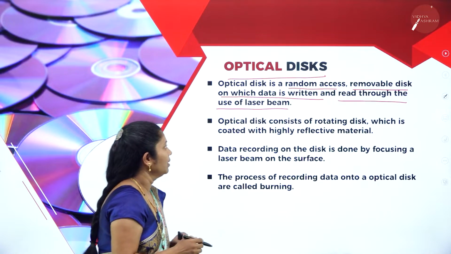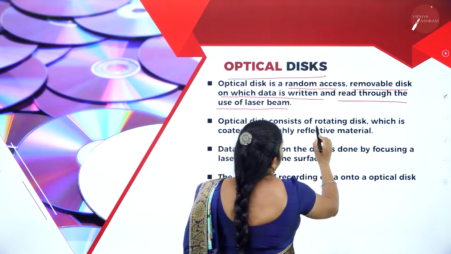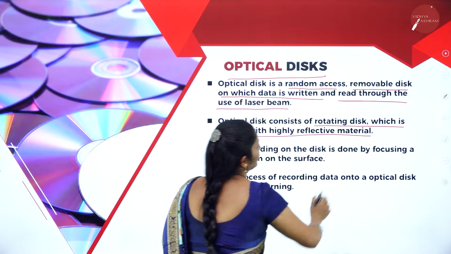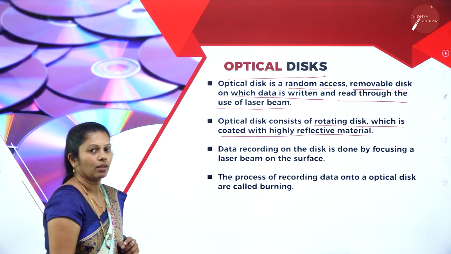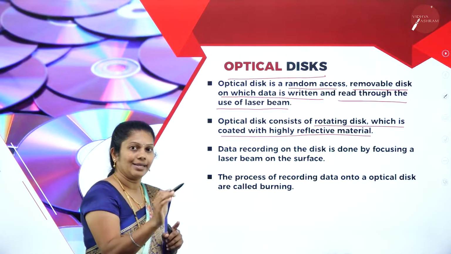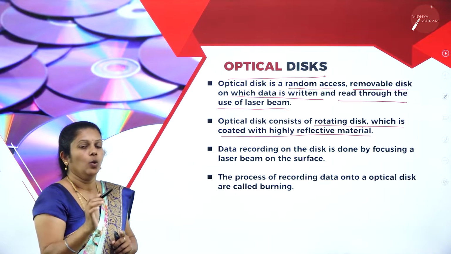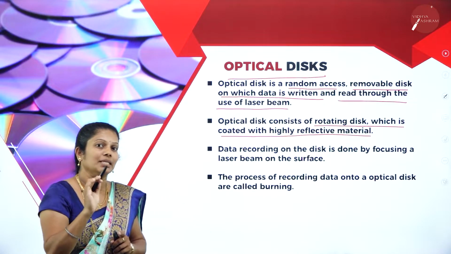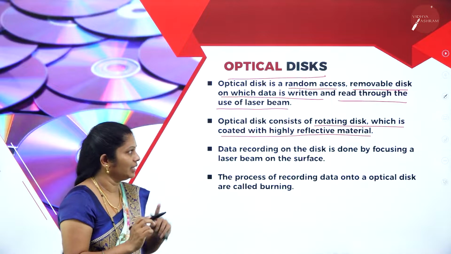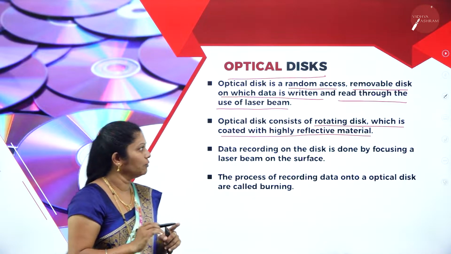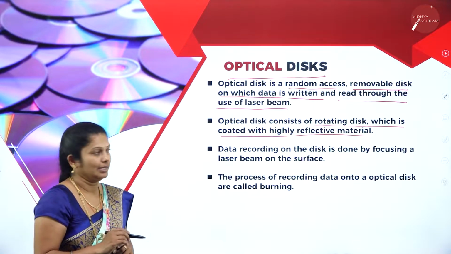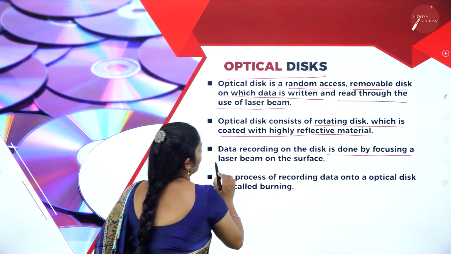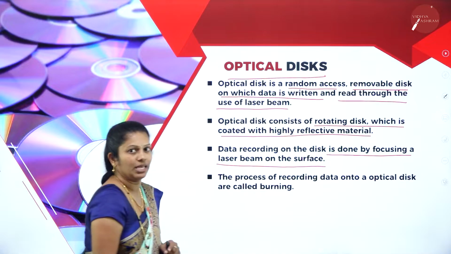The optical disk consists of a rotating disk which is coated with highly reflective material. Whereas in a hard disk as well as a floppy disk, it is coated with magnetic material, here it is coated with highly reflective material. The data recording on the disk is done by focusing a laser beam on the surface.